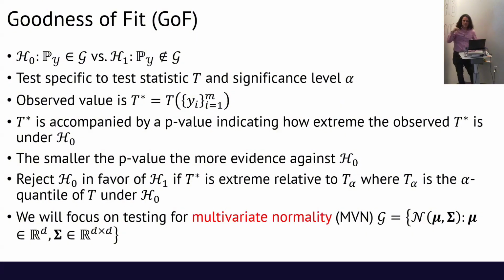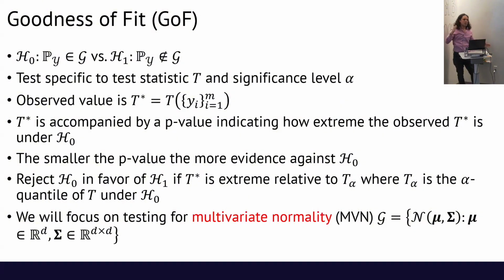Okay, so the test is specific to some test statistic T at some significance level alpha. Both of these are choices that you can make. We can compute an observed test statistic value from a mini batch. Just treat M as the size of the mini batch. Then T star, our computed test statistic, is converted to a p-value, which indicates how extreme T star is under the null. This is review for people, but just bear with me.